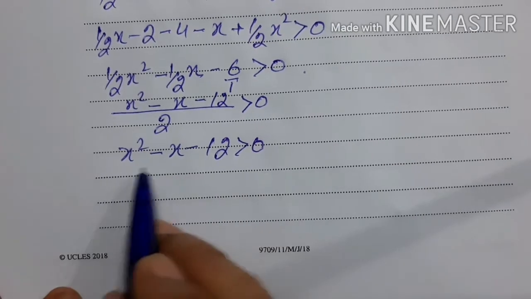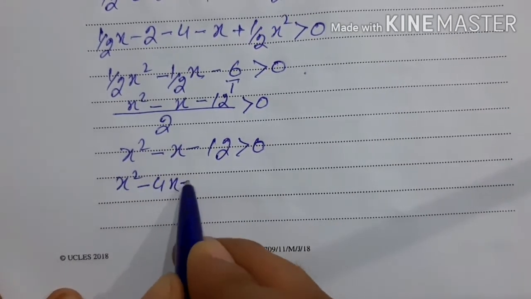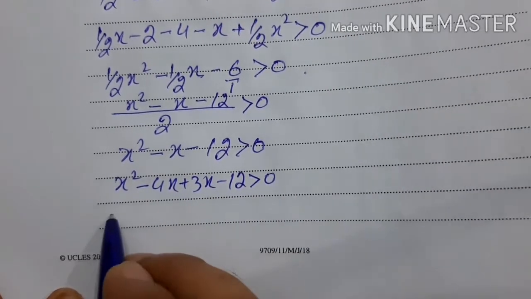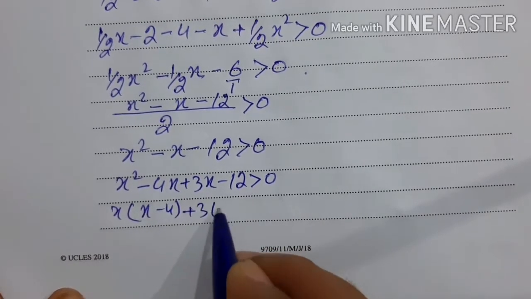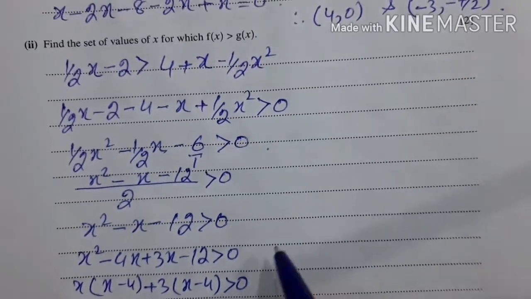So by the middle term break method, it will be x square minus 4x plus 3x minus 12 greater than 0. So x common, x minus 4 plus 3 common, x minus 4 is greater than 0.